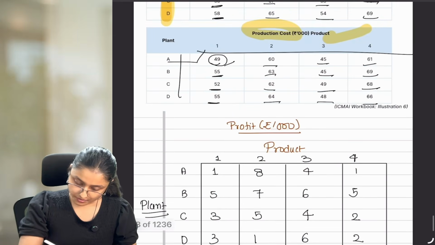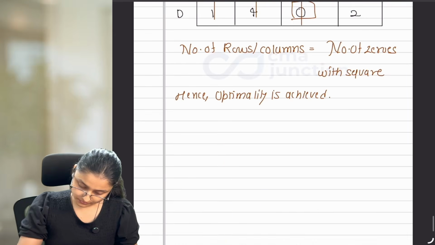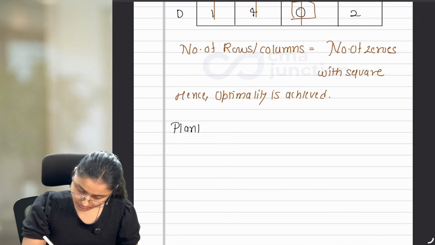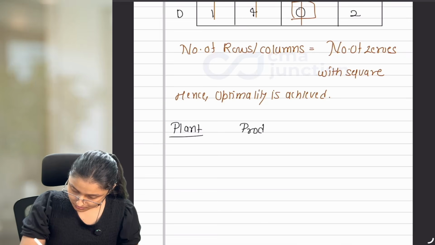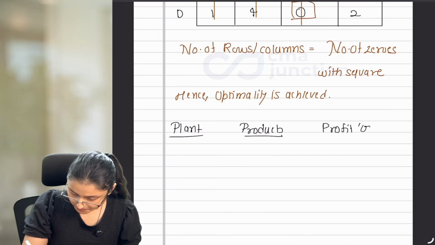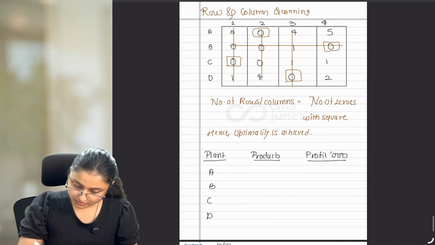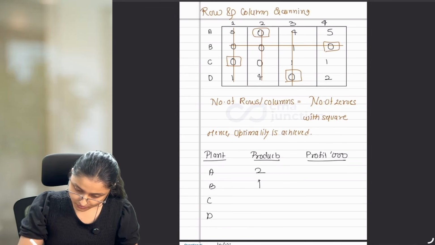So we had plant and products, and the profit in thousands. Plants are A, B, C, D, allocated to products 2, 4, 1 and 3.